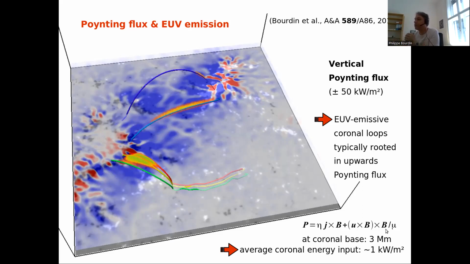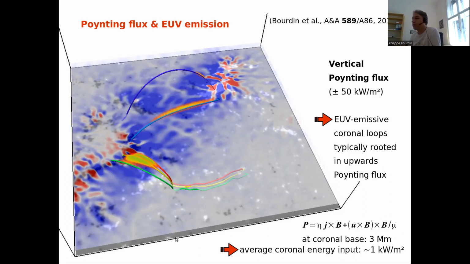And what I can also say is that this large bluish color here is actually dominated by this J cross B term. So between those two strong polarities you have a high contribution from the J cross B term, and above these strong polarities the contribution of the U cross B term is larger.